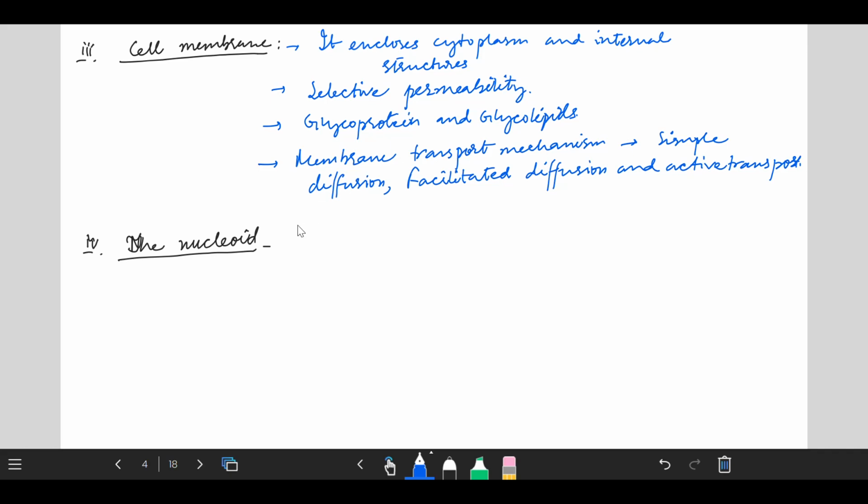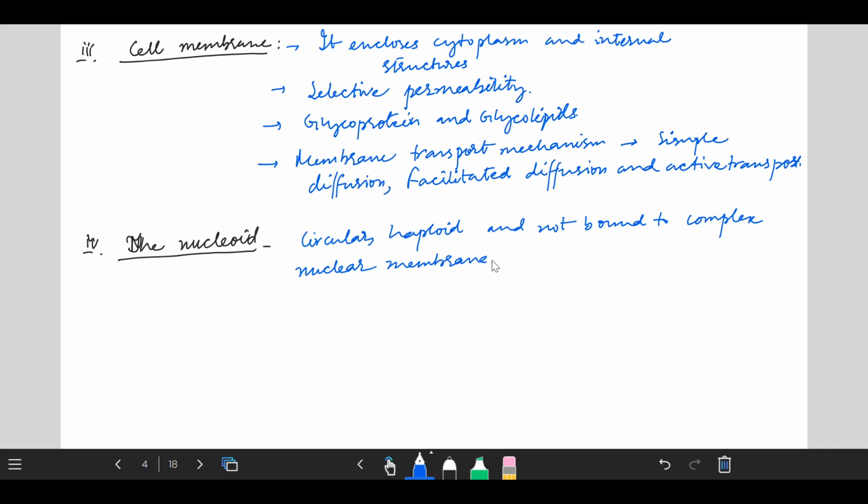So the DNA and DNA-associated proteins are concentrated within the nucleoid region of the cell.